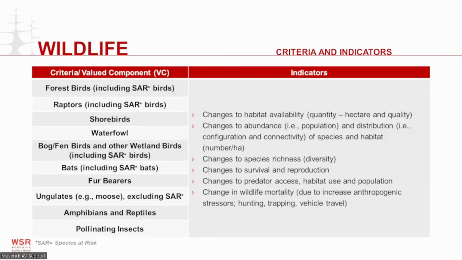You might have bats or fur-bearing animals like lynx or rabbits. Ungulates, which are moose, for example. Amphibians and reptiles, and then pollinating insects as well.